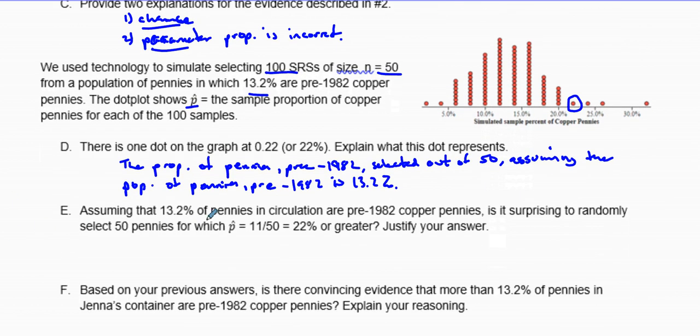Now, is it surprising to randomly select 50 pennies and get this proportion or greater? Justify your answer. Well, they took 100 samples and we found it's 1, 2, 3, 4. So there is a 4 out of 100 chance of that occurring, because that is how many times it was that or greater. That is a 4% chance.